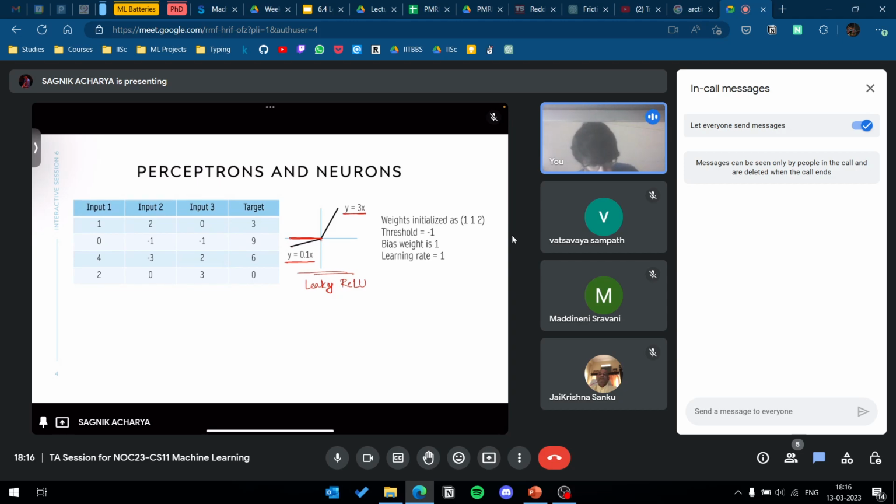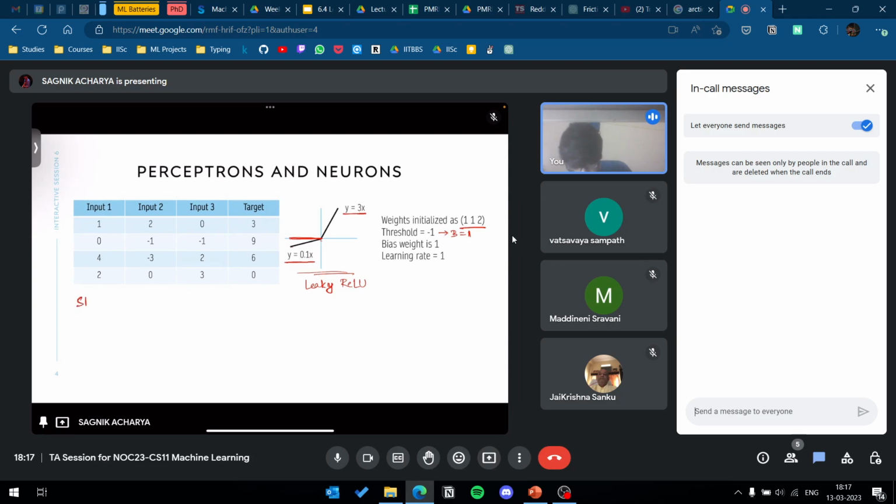I have my initial weights here. For the three inputs, the threshold value is -1, so this gives my bias equal to 1, right? Bias is minus of threshold. Bias weight is 1 and the learning rate is also 1. Okay, so we'll create these input vectors. For the first step, I'll write it as s1.